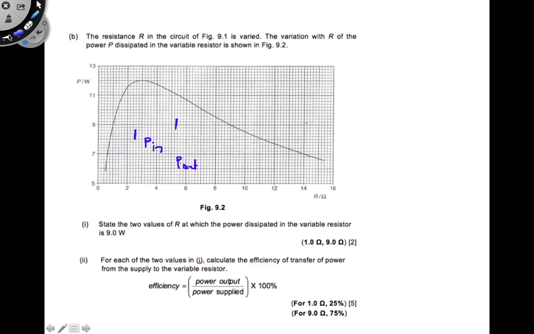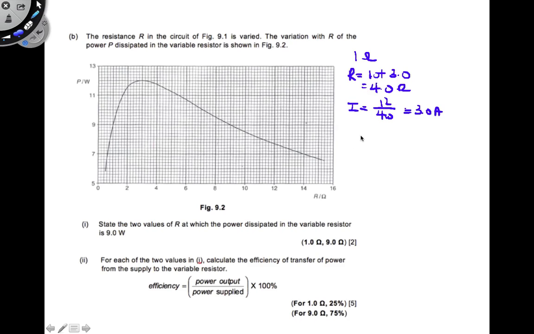If I have my circuit, I want to find the power supplied first for each case. When it's at 1 ohm, your total resistance is 1 plus the original 3 ohms, so I have a total of 4.0 ohms of resistance, and my current will be 12 over 4.0, which gives 3.0 ampere.